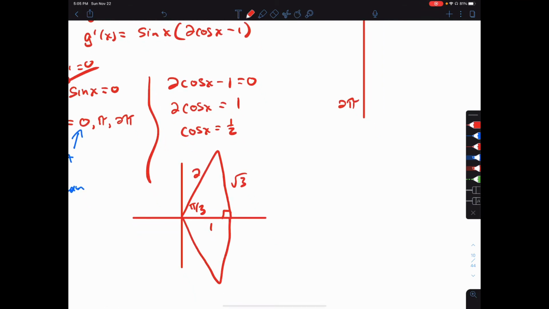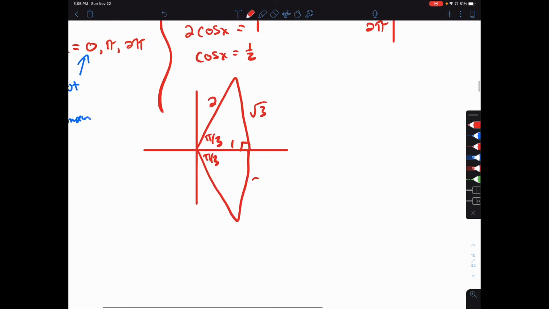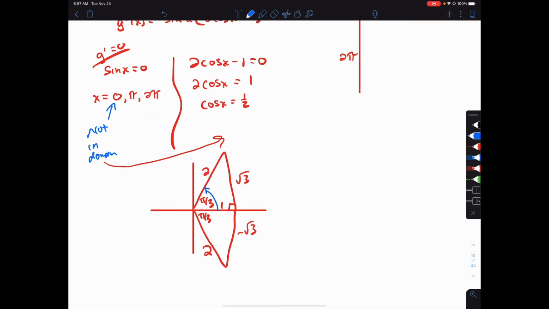And down here, the reference angle is the same. And the fact that this is a negative square root of 3 has little effect on us as we're trying to find the angle. This angle right here then is pi over 3, which would make this angle here pi over 3 short of 2 pi, which would be 5 pi over 3.